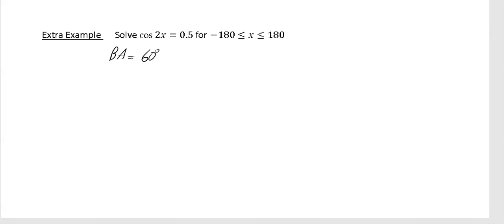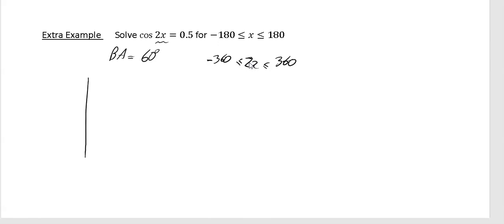Right, now the problem with this one is this bit, my angle is not x, it's 2x, so you've got to double your range. So you've got x here, it doubles and it becomes 2x, and that means the range also doubles. So instead of minus 180, it's minus 360, and then the other way it's going to be positive 360.